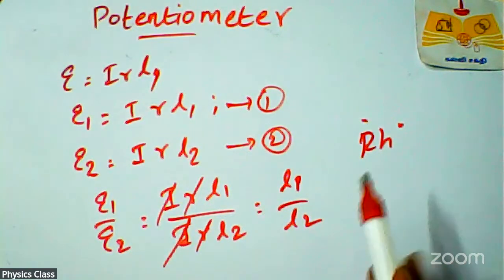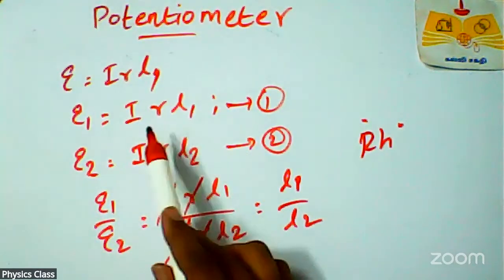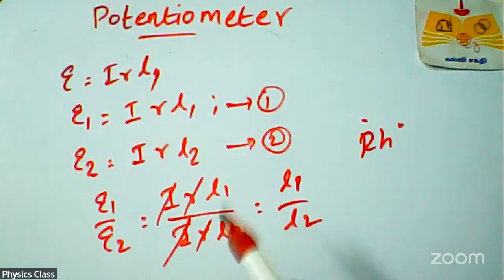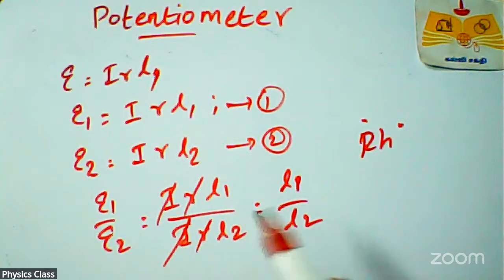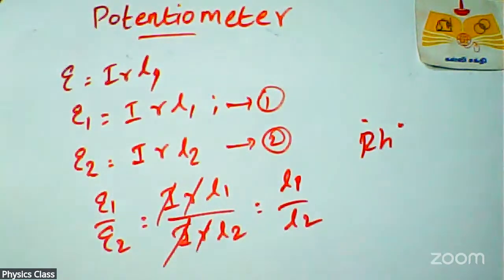In the first step, for example, I is 10 ampere. For the second experiment, you may choose I2 as 52 milliampere. Like that, you can change the current and repeat the experiment.